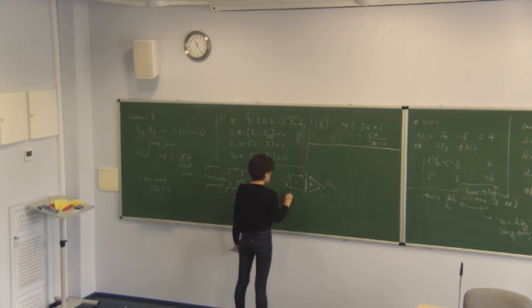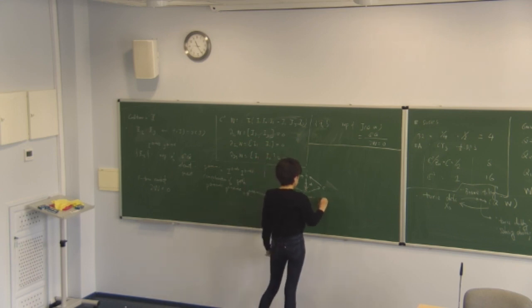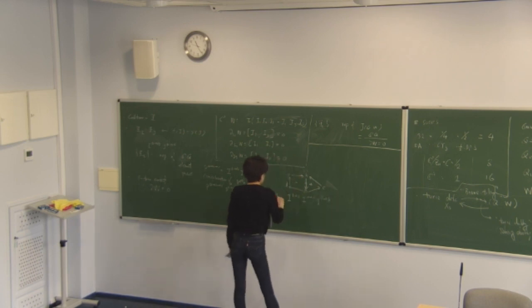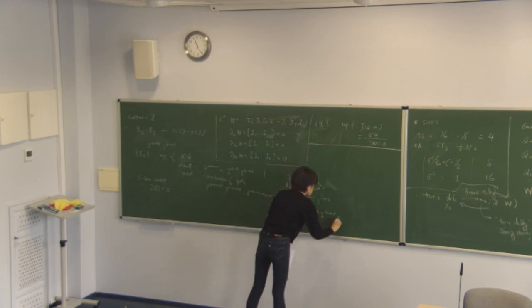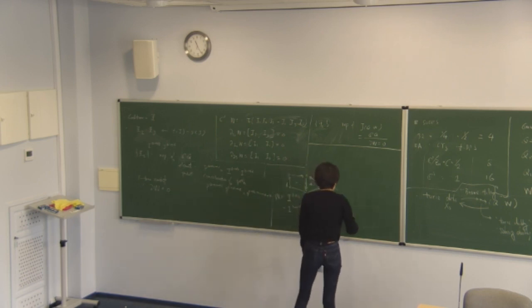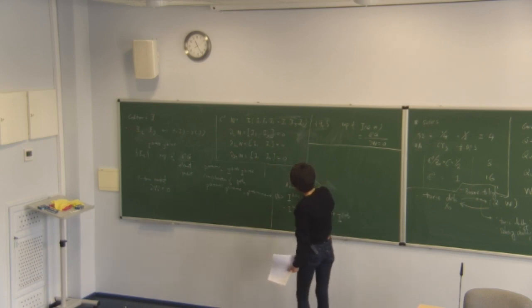And suppose in your superpotential you have this term. Now let's focus on the arrow that is shared by these two loops.